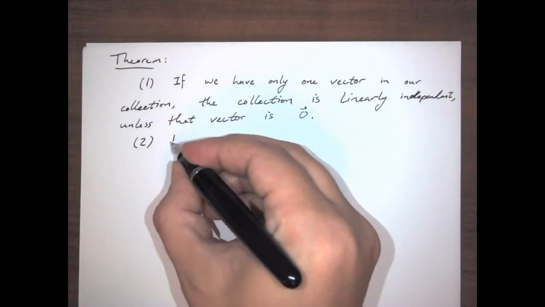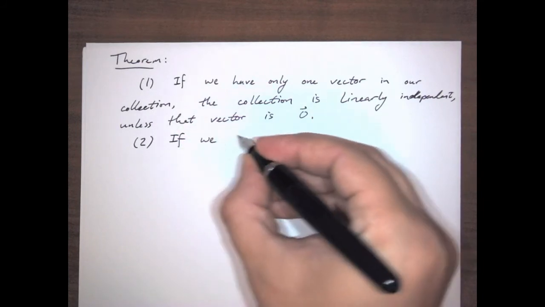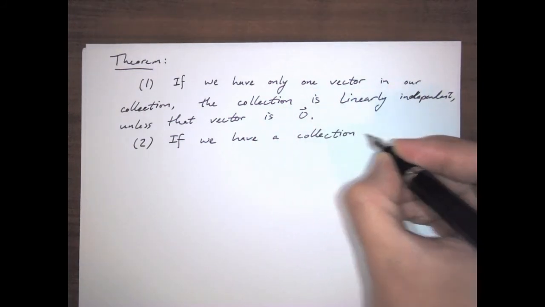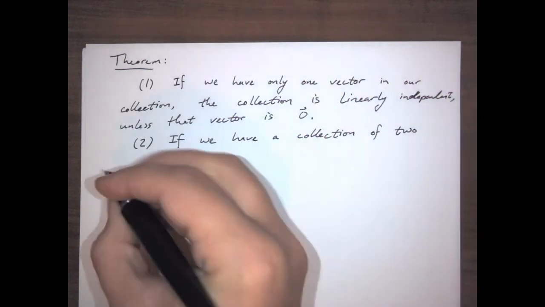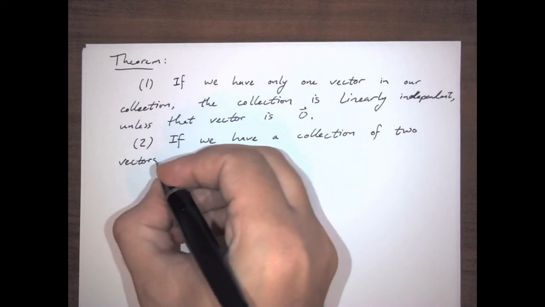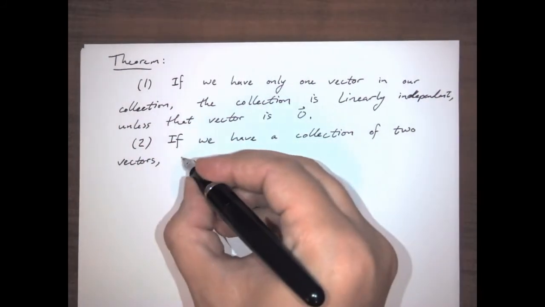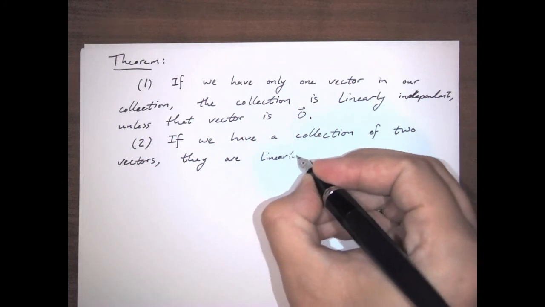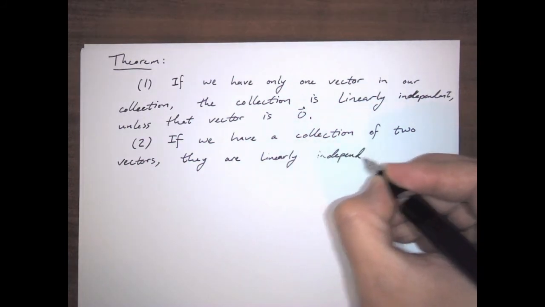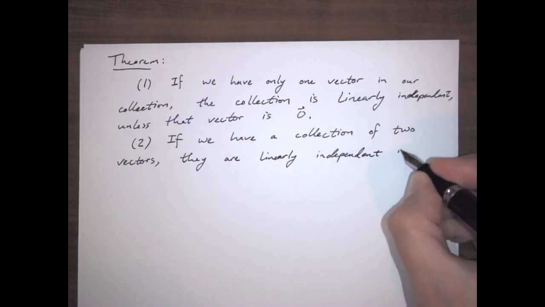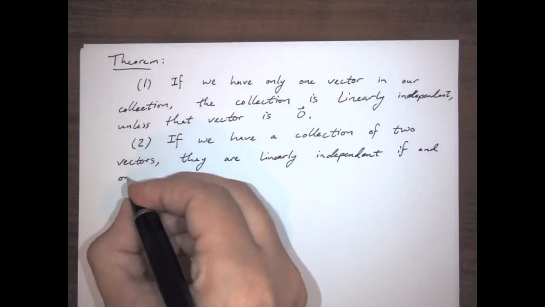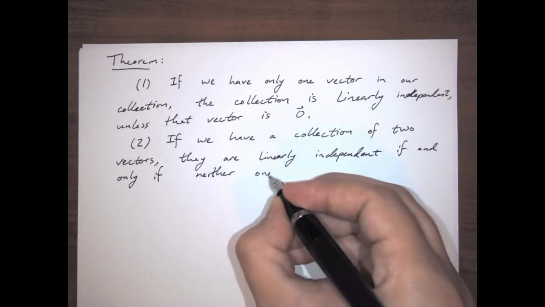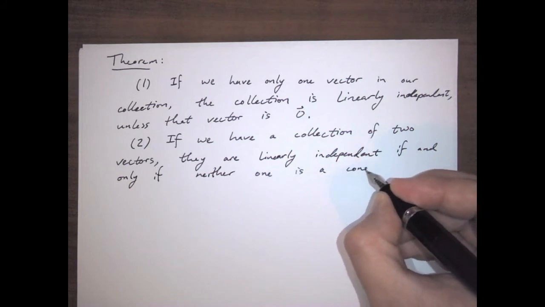So if we have a collection of two vectors, they are linearly independent if and only if neither one is a constant multiple of the other.